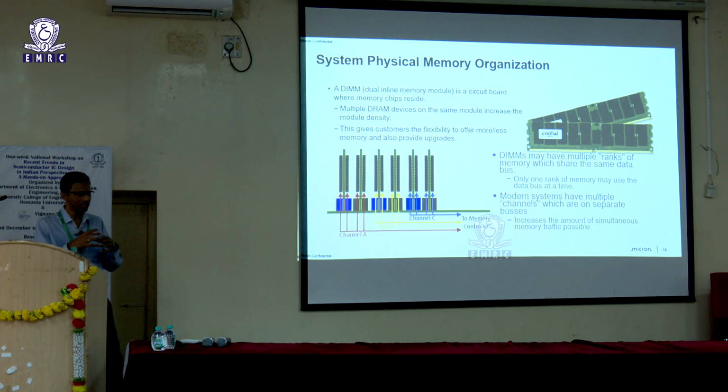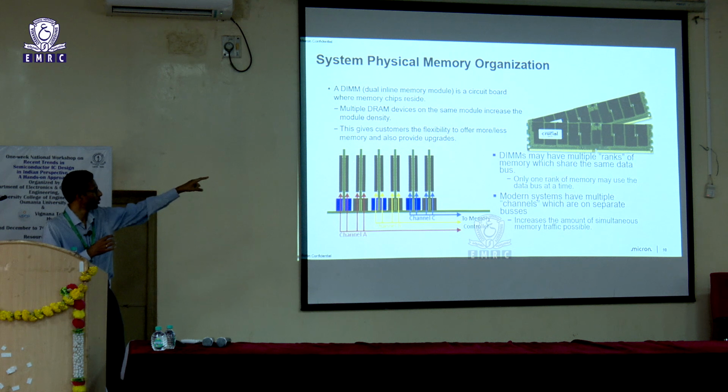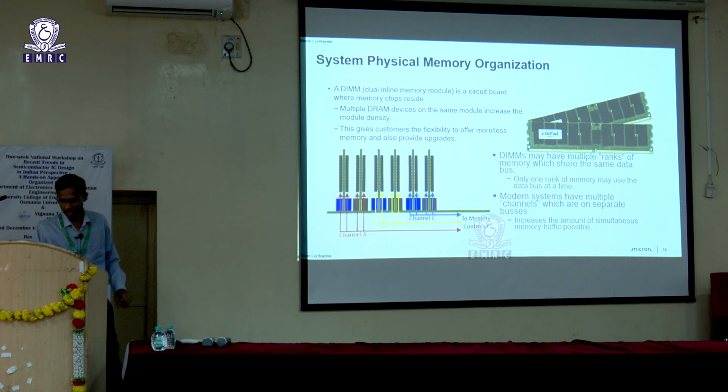It houses multiple DRAM chips in a small PCB-like structure. So this is a DIMM module. Each one is a DRAM chip, and typically you will have about 8 or 16 of such chips, and all these yellow-colored things are your connectors that will connect to your controller or the CPU.